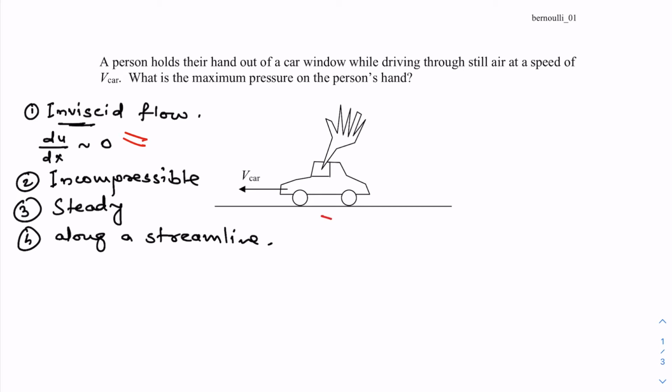When you are moving in a car, this is usually true, and you can assume air to be incompressible in this case. And also the steady state assumption is also true here because the car is moving with a constant velocity. So we can apply Bernoulli equation in this case along a streamline.